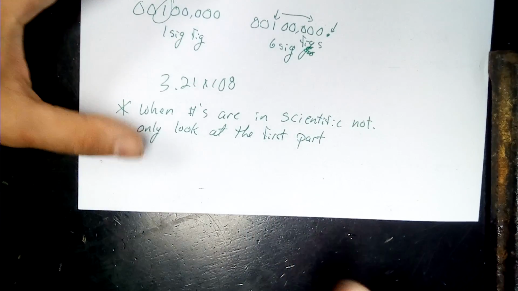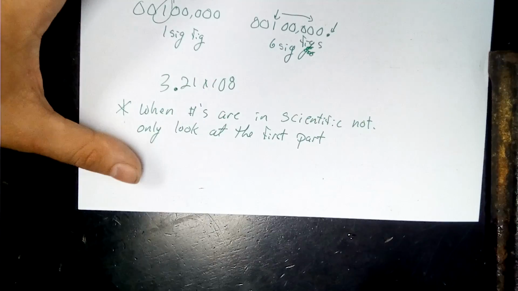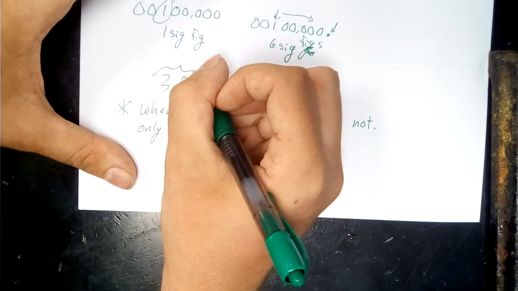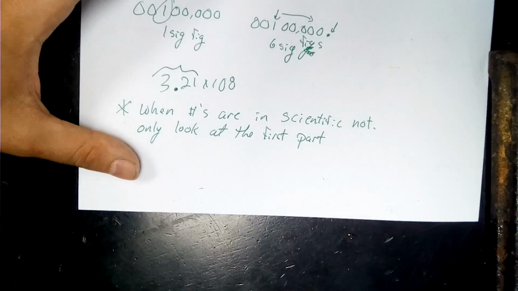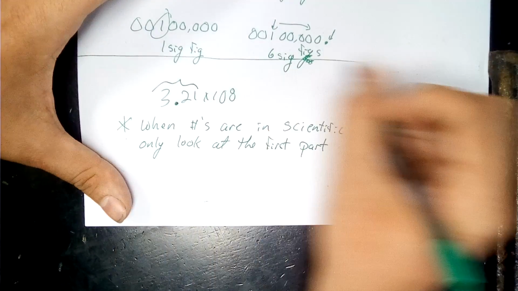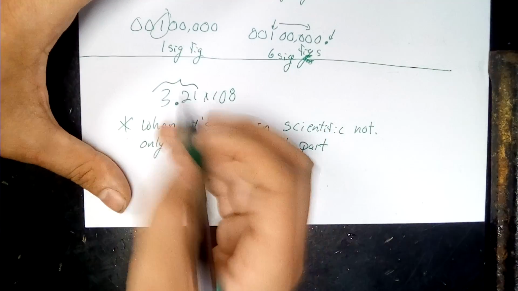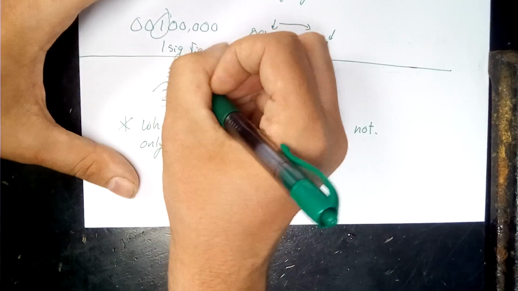And there's a reason for that. So with this one here, we're only going to look at this part right here. In fact, I'm going to separate that out. So right here, we only have 3 significant figures.